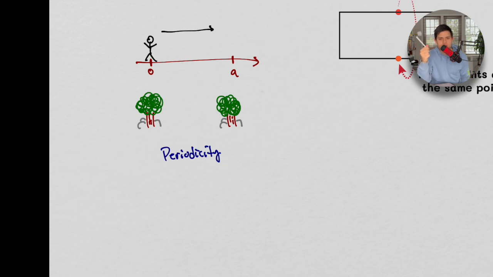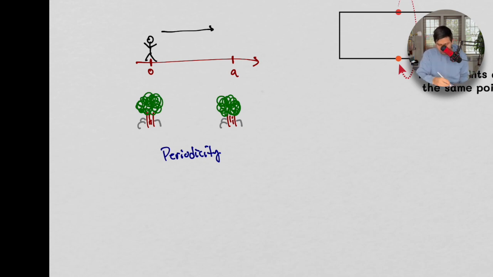That tree looks so familiar to me. I'm pretty sure I went in a straight line. So you could sort of intuitively think to yourself, well, okay, maybe I didn't. Maybe I actually walked in a circle. Okay?